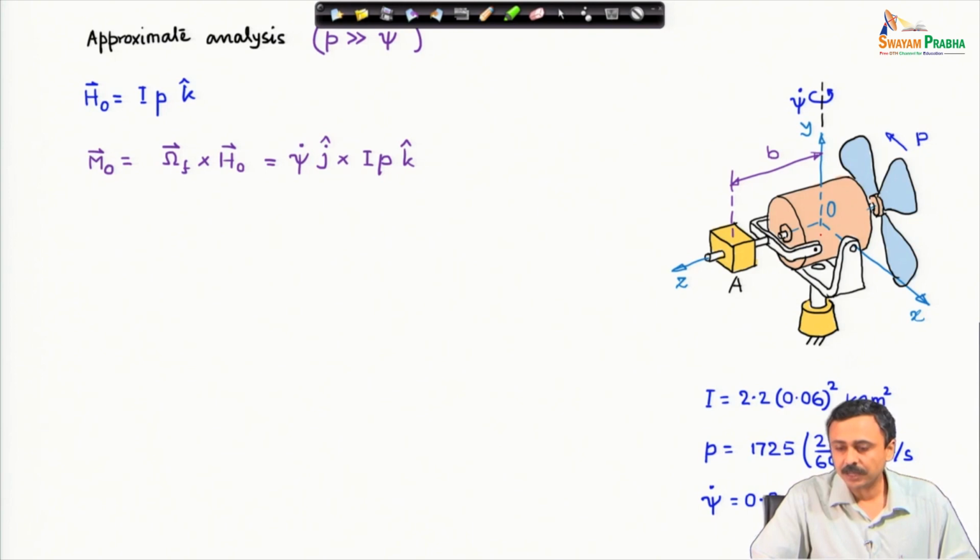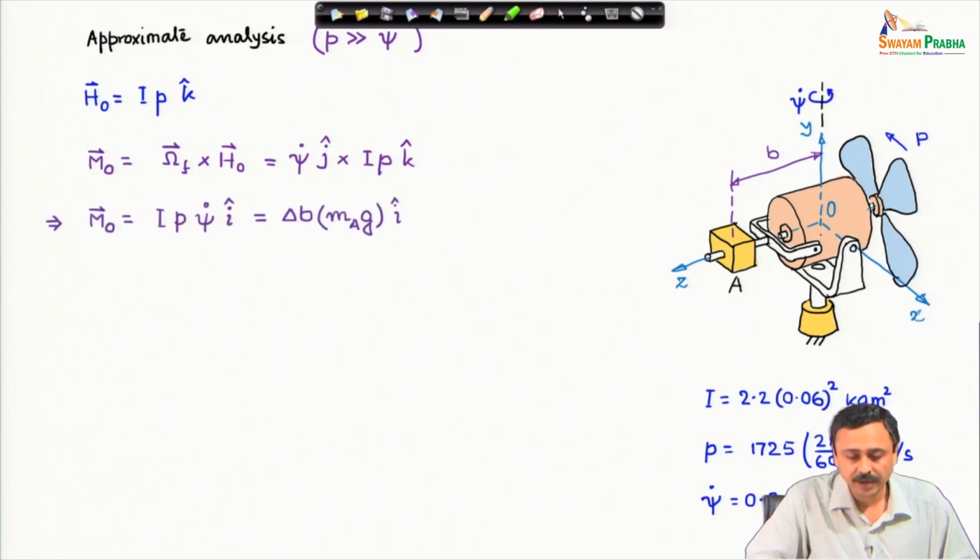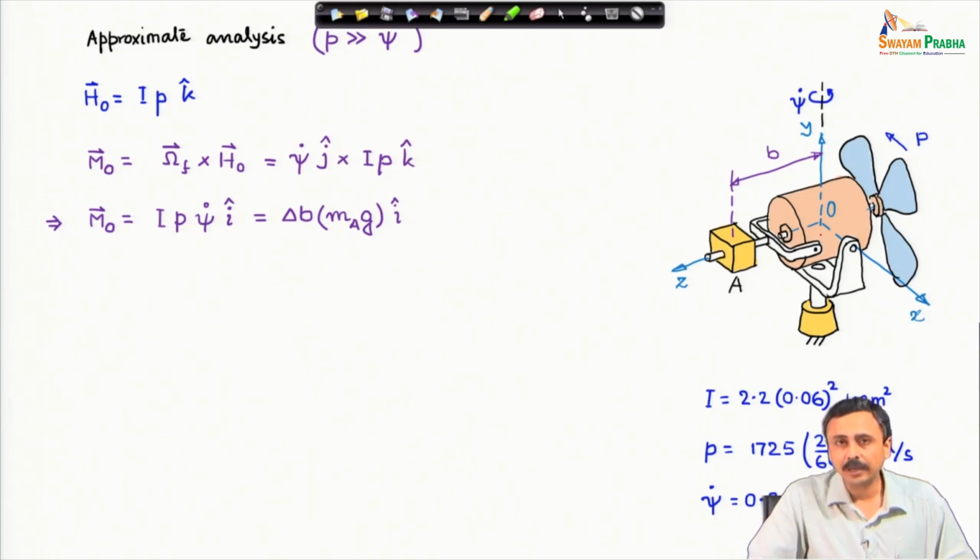Chi dot j cap, where chi dot is the precessional angular speed, cross I p k cap, and the moment turns out to be in a very simple form. And this moment is produced by what? By shifting the block A, by changing B.